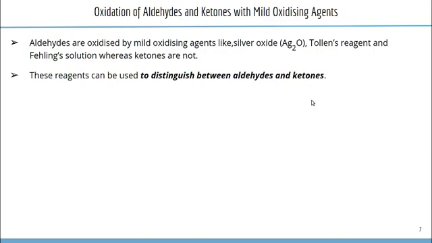That means mild oxidizing agents like Tollens reagent or Fehling's reagent can be used for distinguishing between aldehydes and ketones. Aldehydes are oxidized using these reagents to carboxylic acids, whereas ketones resist oxidation with these mild oxidizing agents. So we can distinguish between aldehydes and ketones using them.